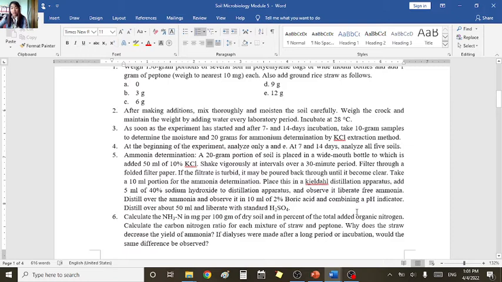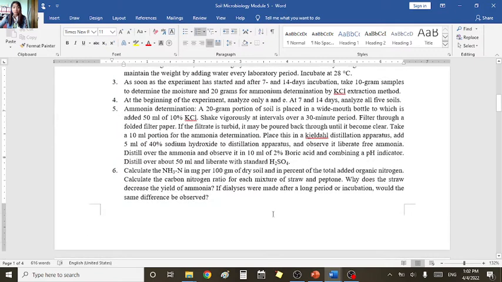When you distill, you separate the component from a liquid mixture by boiling and condensation. In distillation there is the production of a gas product, and that is where the ammonia is produced. So there will be the ammonia formation. Then distill over about 50 ml and titrate with standard sulfuric acid.